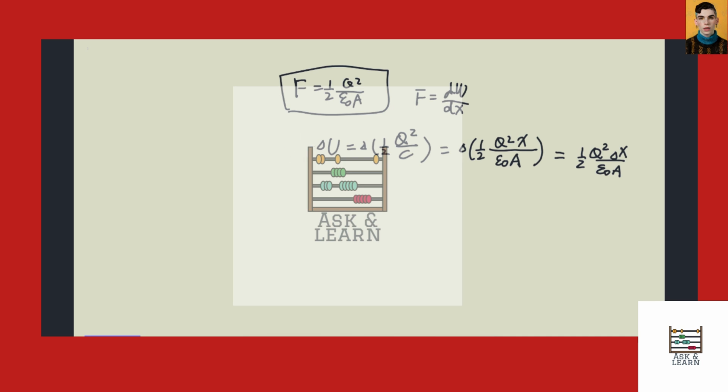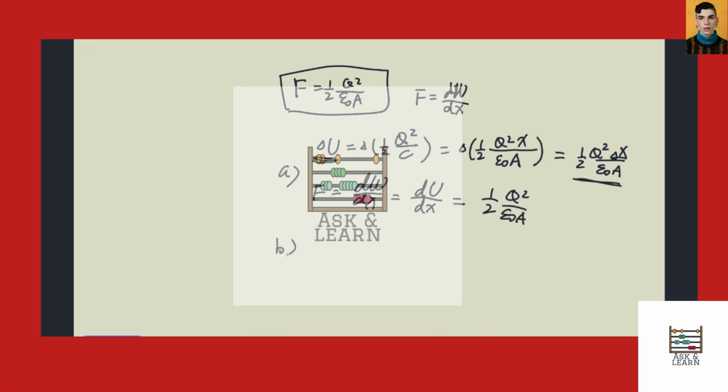So from this, because work and the energy are in the same unit, I'll just write it in terms of U. So from this, we get F equals dU over dx, and the change of work will be the same as the change of the energy stored. So this is 1/2 of Q squared over epsilon naught A, because we just divide the dx to the left-hand side.